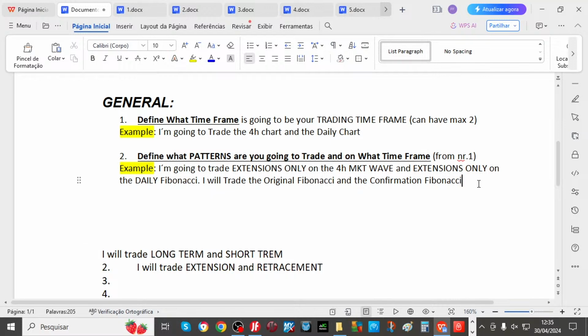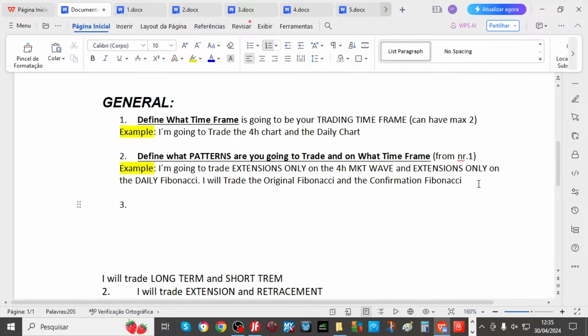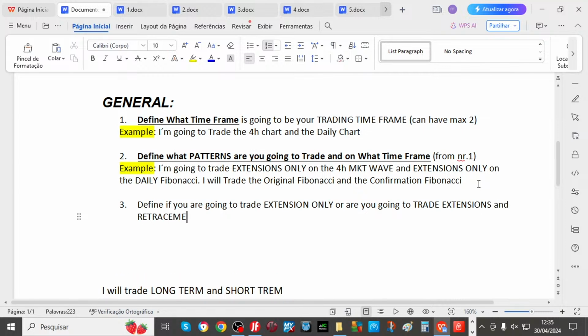Okay, number three. Define if you are going to trade extensions only, or are you going to trade extensions and retracements?